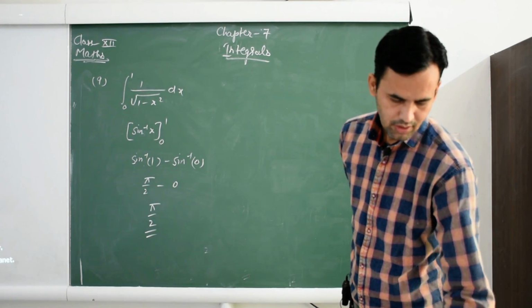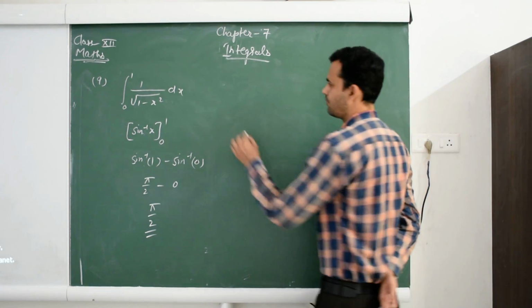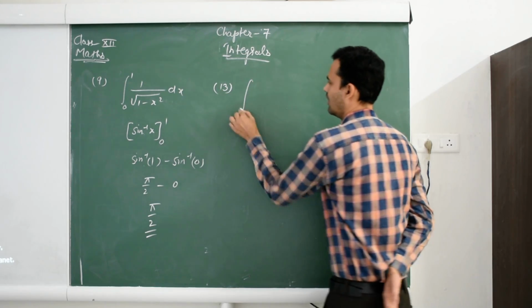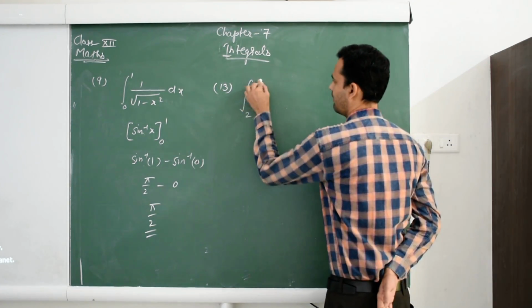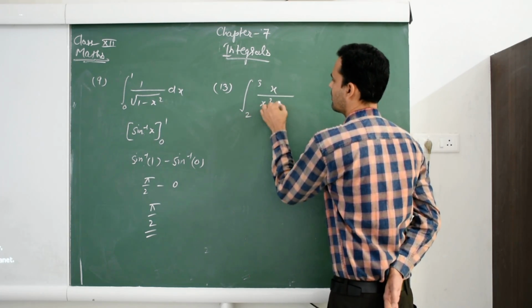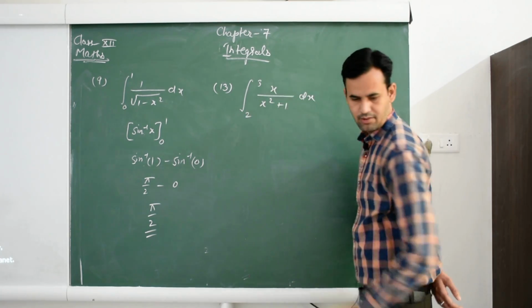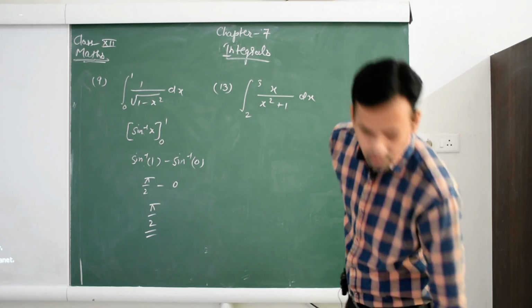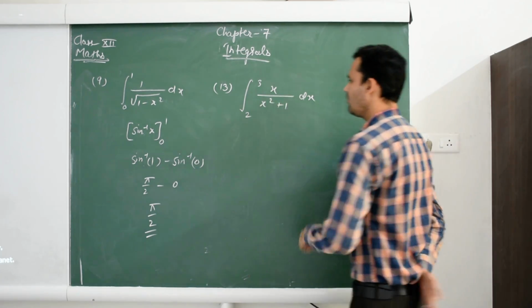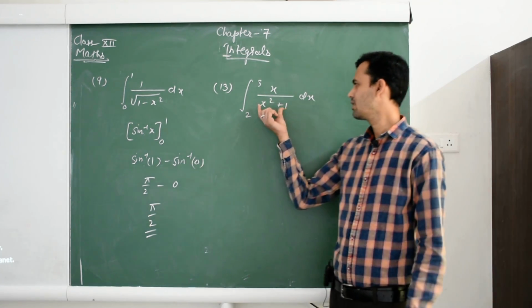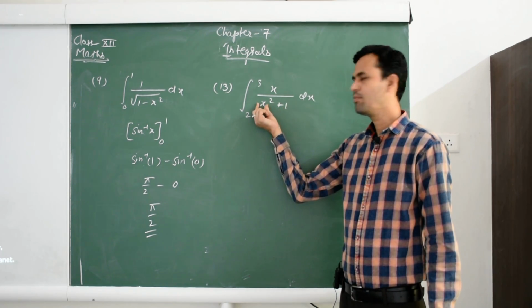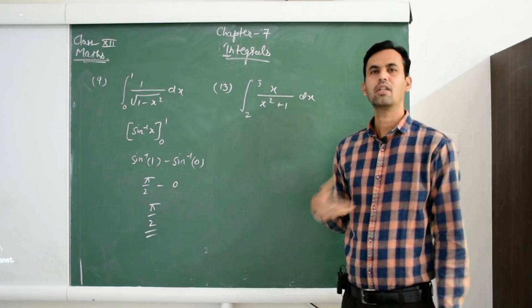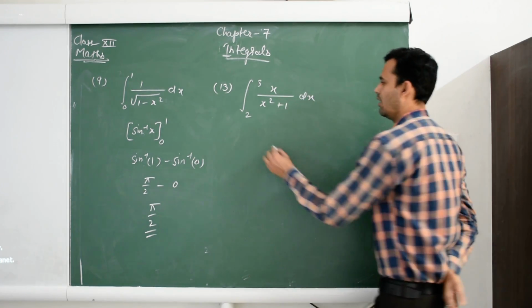Next question is question number 13: the integral from 2 to 3 of x upon x square plus 1 dx. In this type of question we substitute. First we put x square plus 1 equals t.